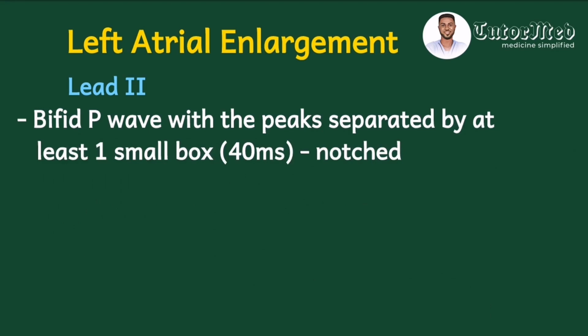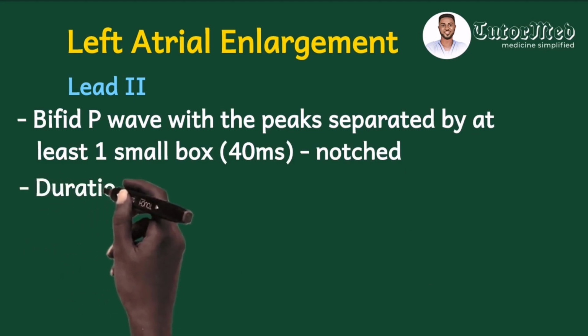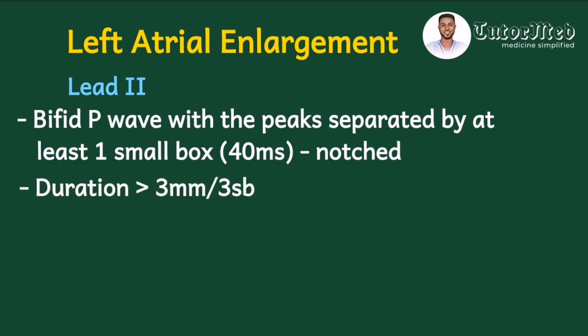And then, more importantly, the duration of the P wave is more than 3 millimeters wide, or 3 small boxes wide. This morphology is known as P mitrale. And I remember it is P mitrale because the mitral valve is found on the left. Remember, we said that the morphology of right atrial enlargement in lead 2 is P pulmonale.